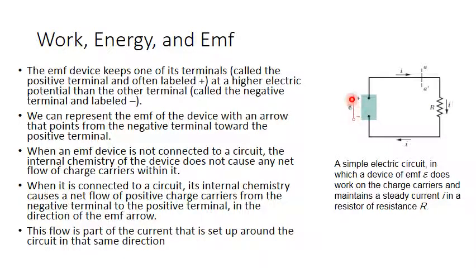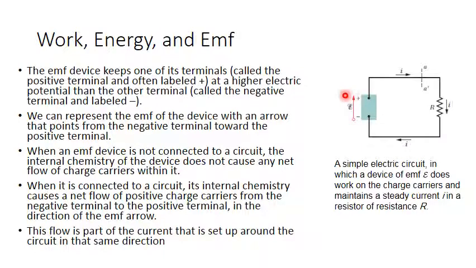This arrow represents the EMF, and it points from the negative terminal towards the positive terminal. So the EMF is represented by an arrow that starts from the negative terminal to the positive terminal.